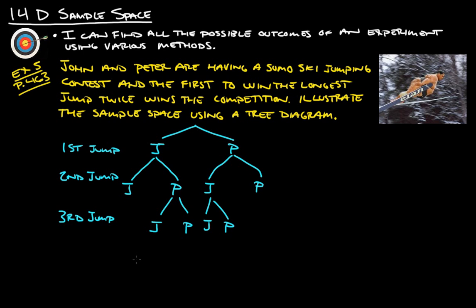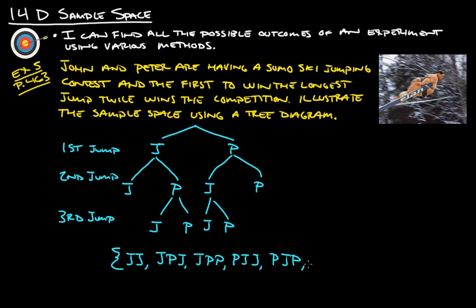Okay, so illustrate the sample space using a tree diagram. So then the actual sample space is: it can go John, John, and then we're done. It could go John, Peter, John. Could go John, Peter, Peter. Could go Peter, John, John. Peter, John, Peter.